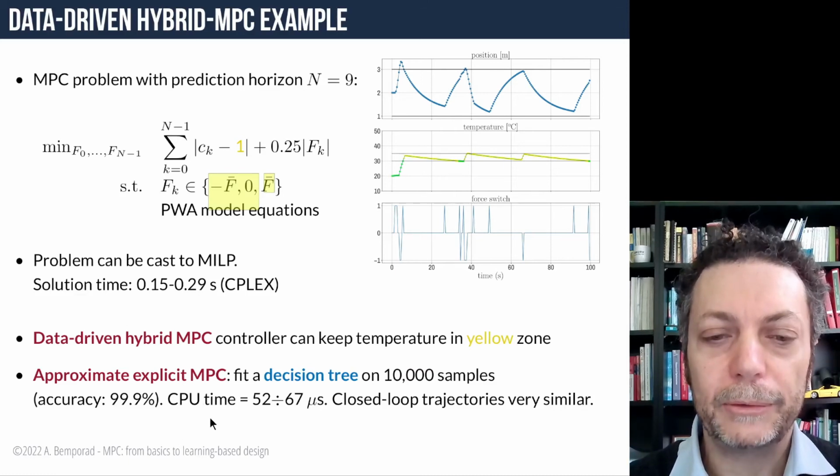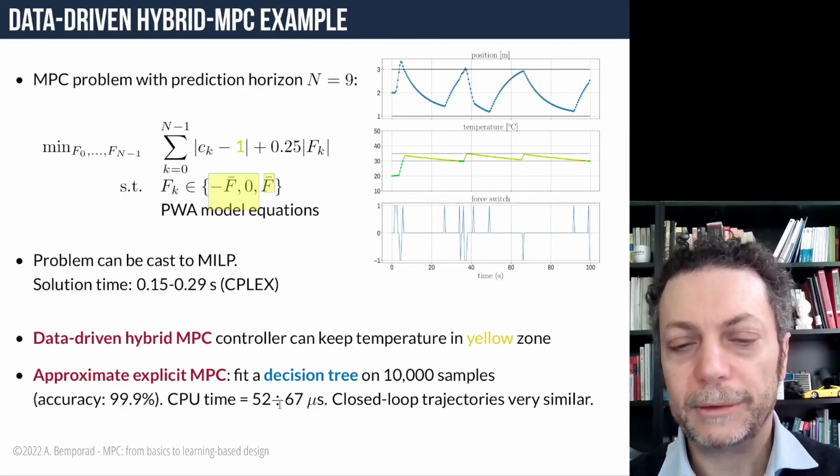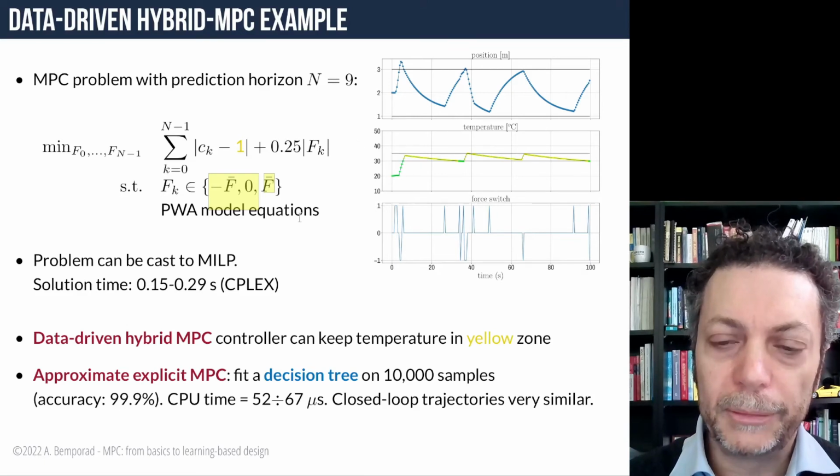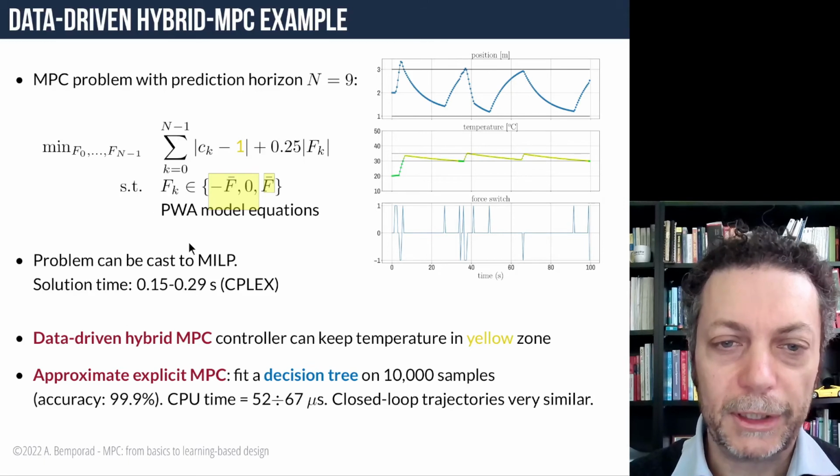Now evaluating this control law online requires much less time, in the order of the tenths of microseconds, and if you look at the closed loop trajectories, they are very similar to what is shown here for the exact case.